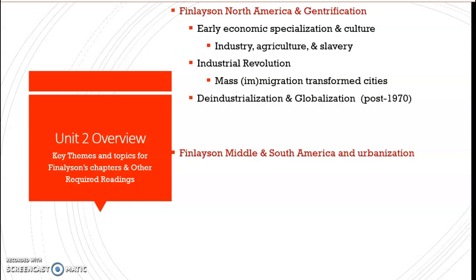We're going to look at the role of deindustrialization and globalization. So while our country industrialized for over a century, we hit a global shift beginning around 1970, a topic that was introduced in Unit 1: globalization, the increased interconnection and interdependence among people, places, and institutions around the world.